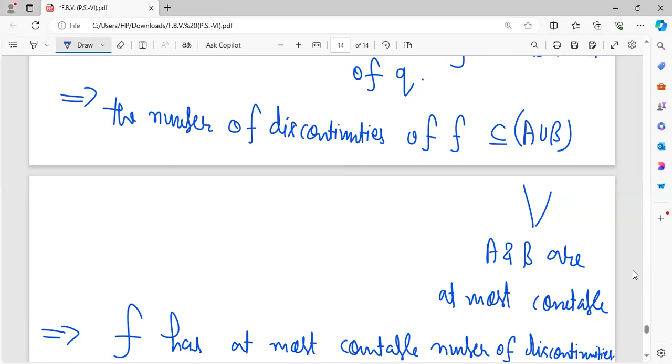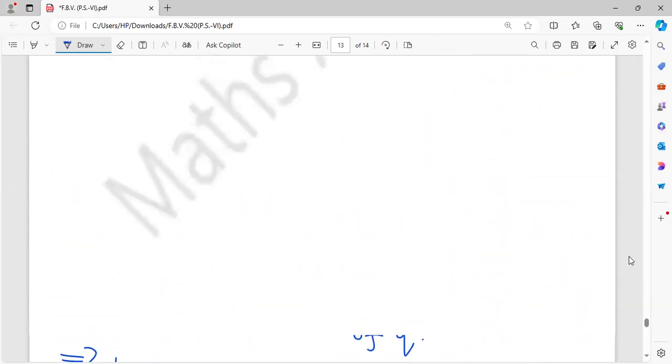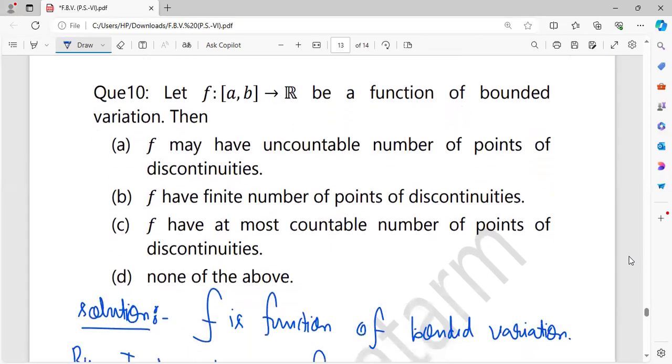Okay. So which option is correct? So let's check. f may have uncountable number of points of discontinuity. Option number A is not correct. Okay. f has finite numbers of points of discontinuity. No. It has a countable number of discontinuities. You see the greatest integer function, or you can define, f is a difference of two monotonically increasing functions. p and q have countable number.